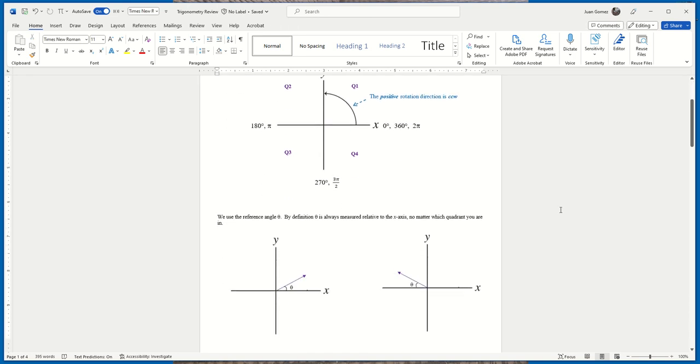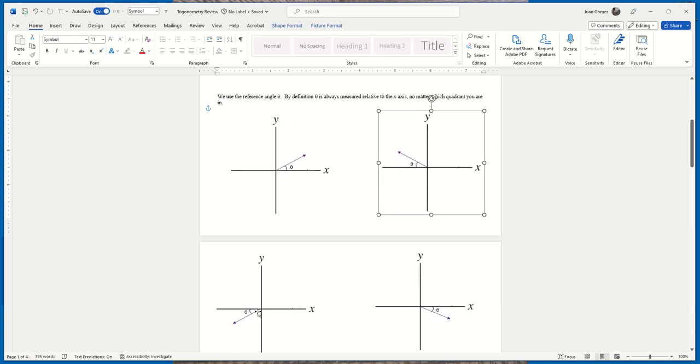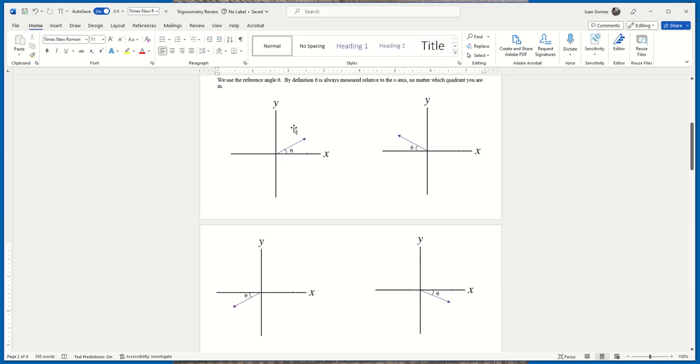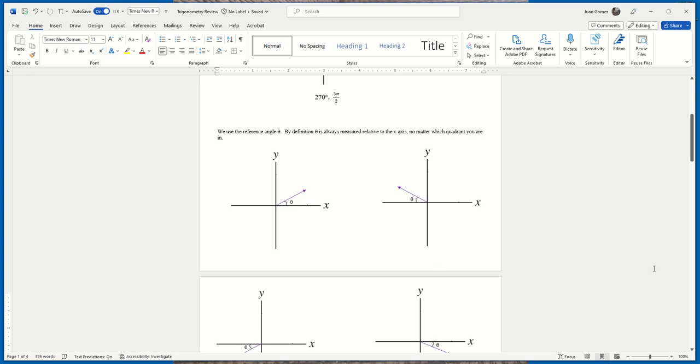Now, to keep things relatively simple, when we talk about an angle theta, we use what's called the reference angle. So no matter what quadrant you're in, notice here, this is quadrant 1, quadrant 2, quadrant 3, and quadrant 4, indicated by the arrow indicating the vector. Well, the reference angle is the angle that the vector makes relative to the x-axis.